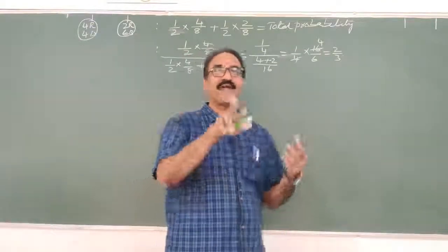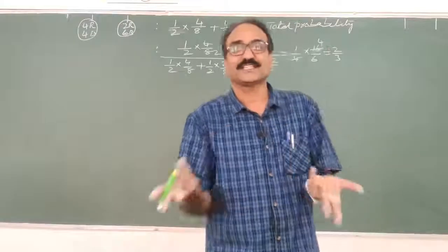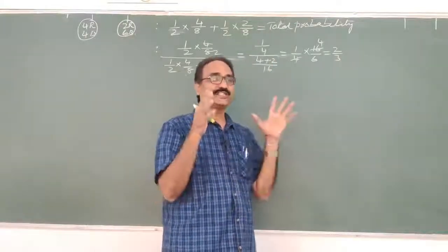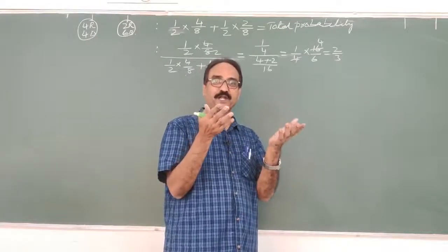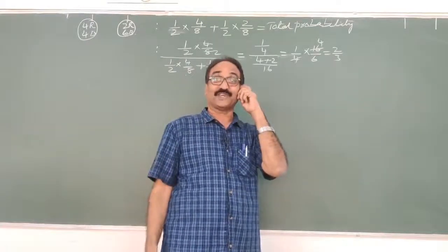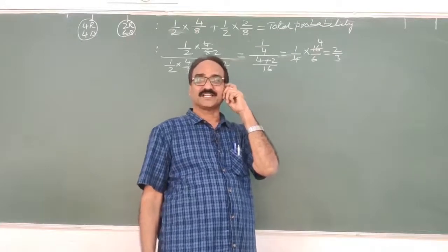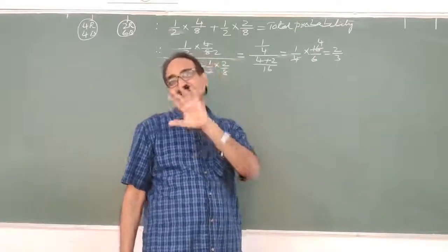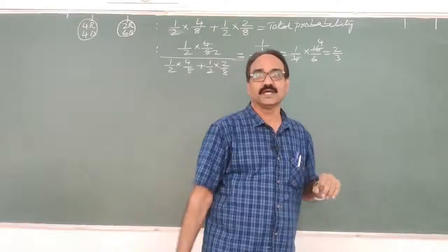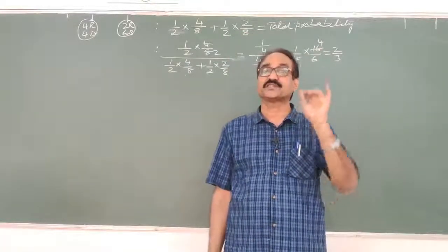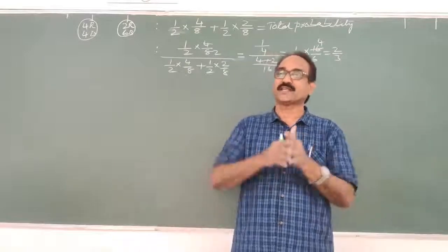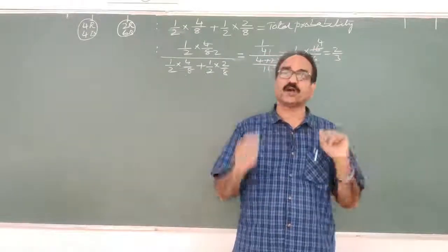What are those 2? 2 bags. 2 bags is nothing but the partition. So the total sample space is in the 2 bags only. So the sample space is divided into 2 bags. Therefore, the two bags are our events. Bag 1 is one event, bag 2 is another event. So E1 and E2. Yesterday we read already. They are mutually exclusive and exhaustive events. Means if you add the two bags, you get the entire sample space and they don't have anything in common.